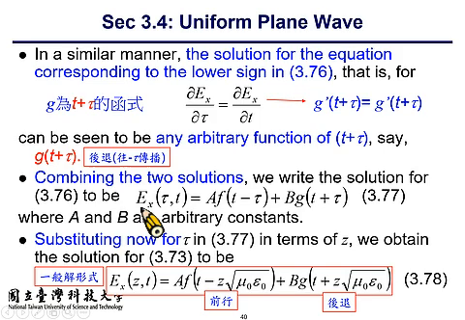So f and g are the two possible solutions. f is in the form of t minus tau, and g is in the form of t plus tau. Both f and g functions satisfy the wave equation relationship.